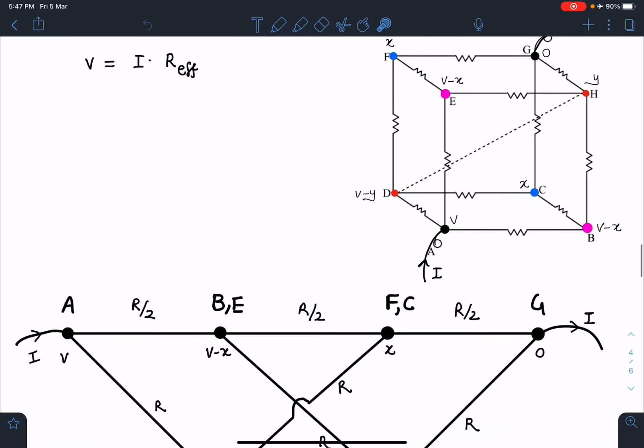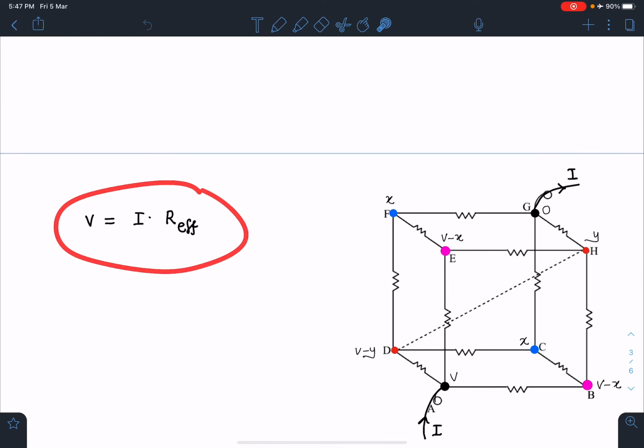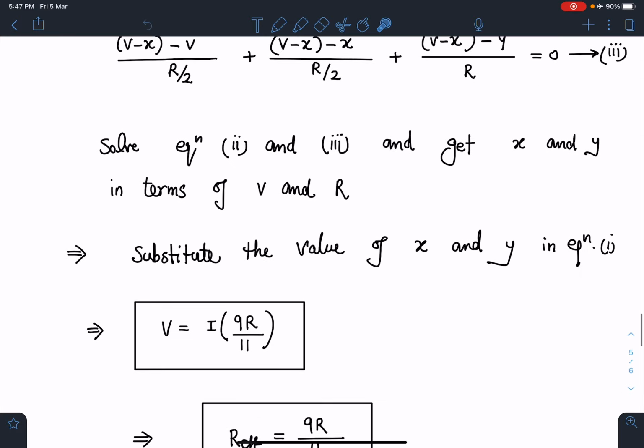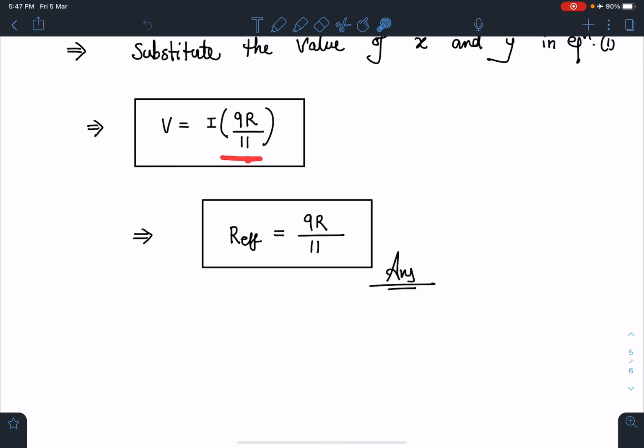And if you compare this equation here, V is equal to I times R effective, where total current is I and potential difference here is V. So that something is R effective. So that R effective comes out to be 9R by 11, where R is 50 ohms. This is going to be the final answer for this problem.